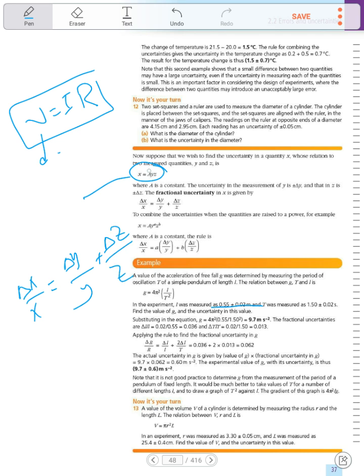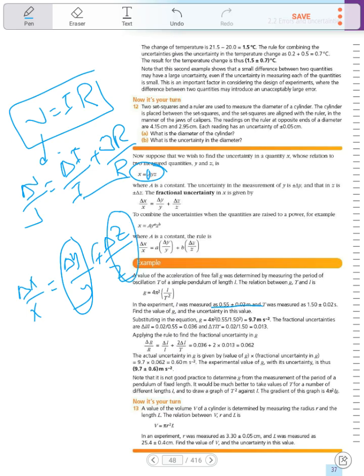What about a? A here is a constant. We have no error in a constant value. Let's talk about the voltage here. Delta V over V equals delta I over I plus delta R over R. So I take the error in the first value and the second value and add these up. Okay?